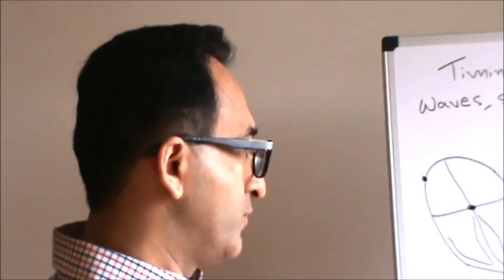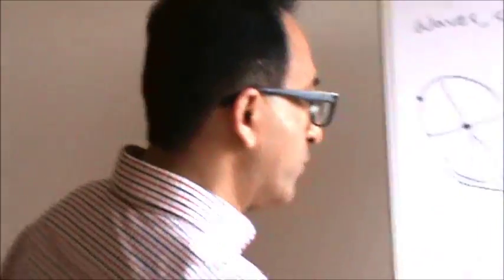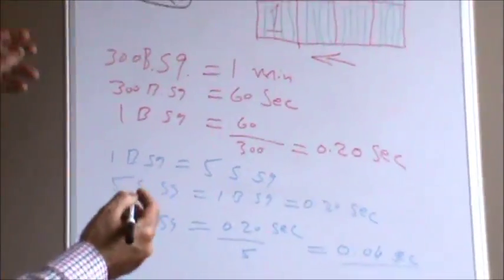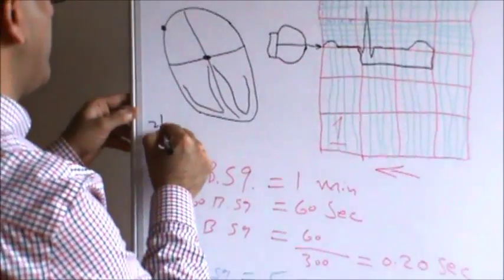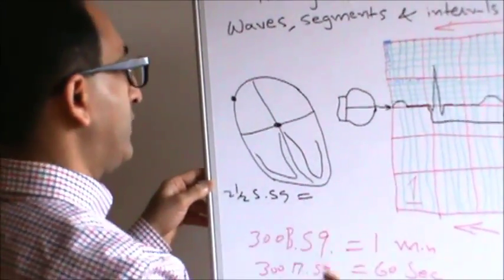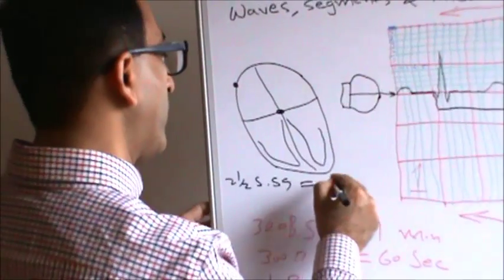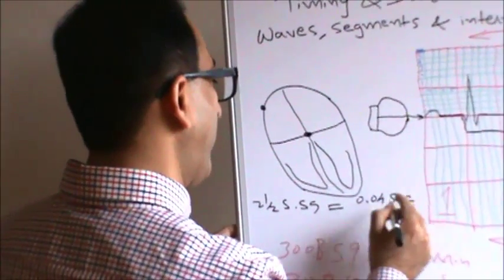Now one thing I may want to further simplify: when you say 2.5, do the simple math. One small square equals 0.04 second, right?